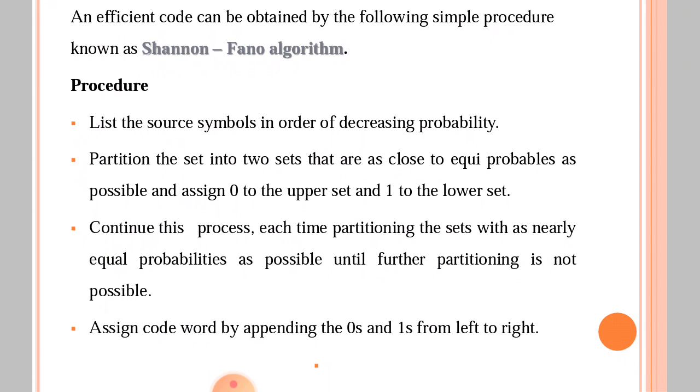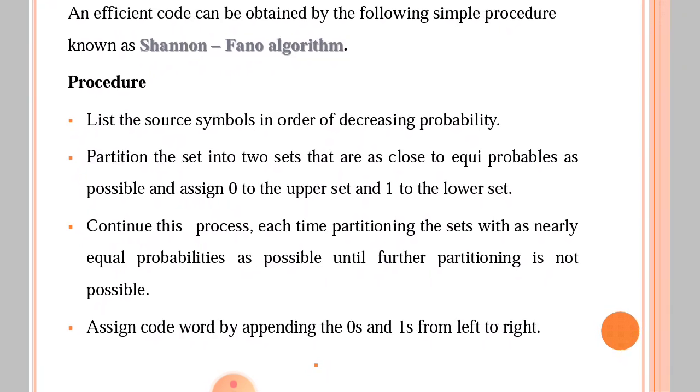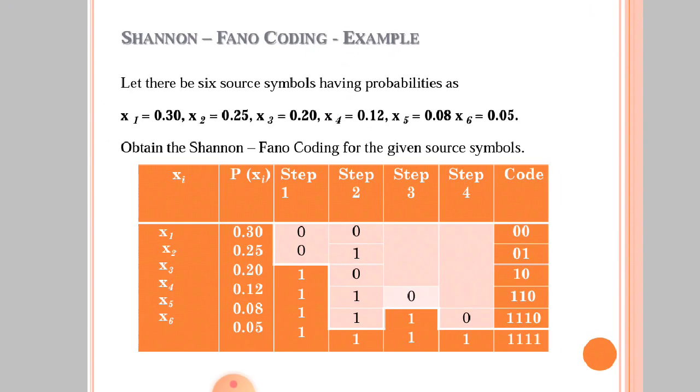Continue this process, each time partitioning the sets with as nearly equal probabilities as possible, until further partitioning is not possible. Assign the code word by appending the zeros and ones from left to right.